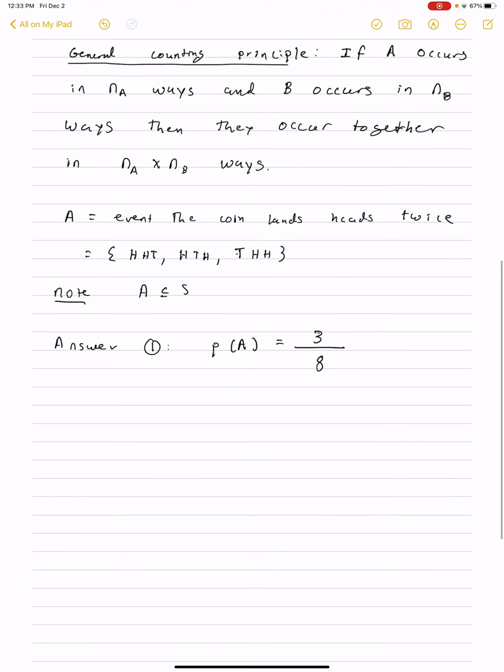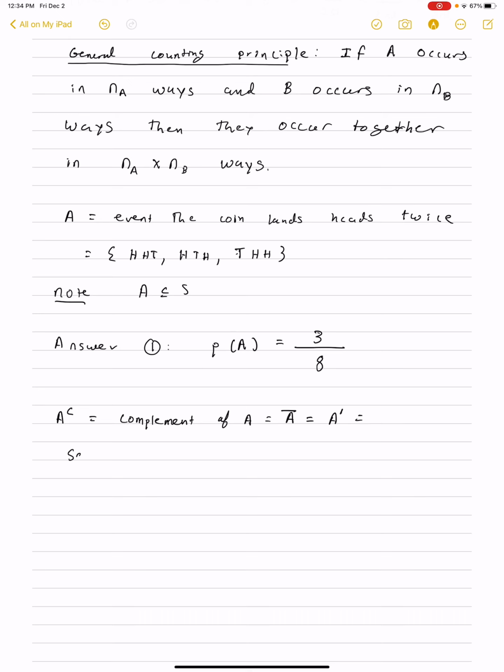While I'm talking about sets, I can also mention something called the complement. This has many notations: A bar, A C, and some books also use A prime.